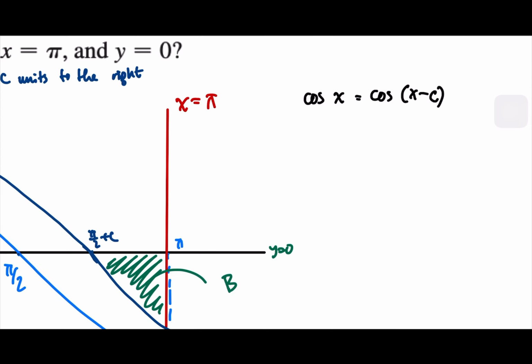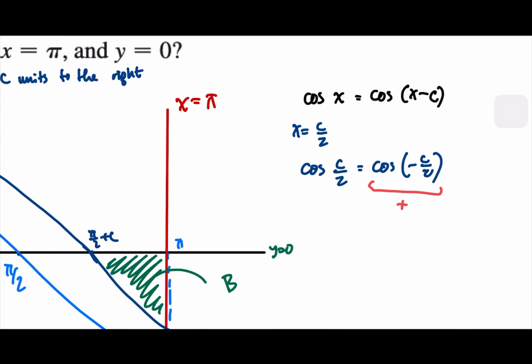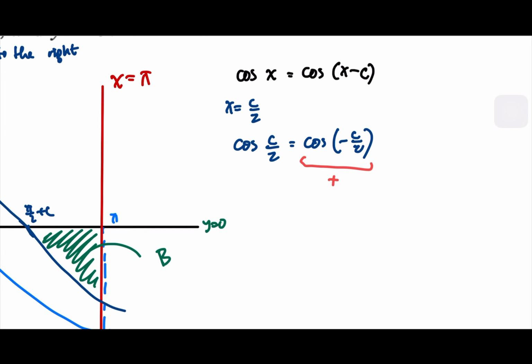We can confirm this if x is c over 2. We know that this is positive because of the cosine, quadrant 4, so it is true that x is c over 2.